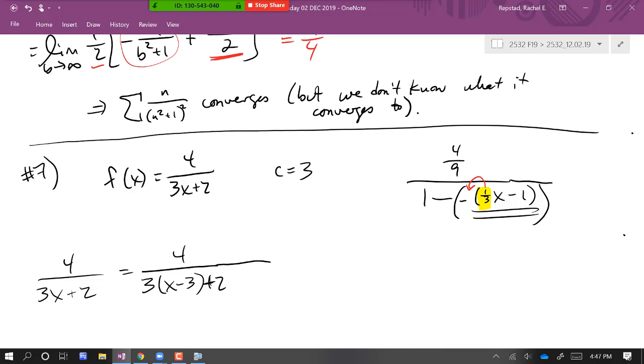I would recommend rewriting it in a way that makes it obvious when you write the series that it's centered at 3, because you see x minus 3 in parentheses or as a multiple for your value of r. You said you just replaced x with x minus 3. If you do that, though, those fractions aren't equal, right?